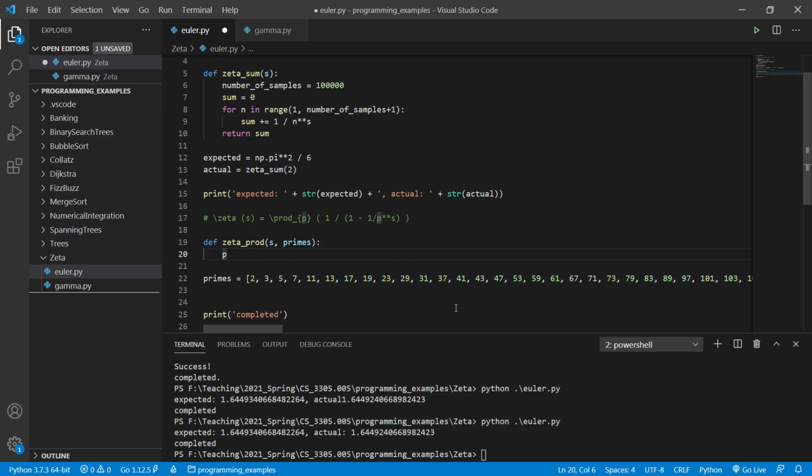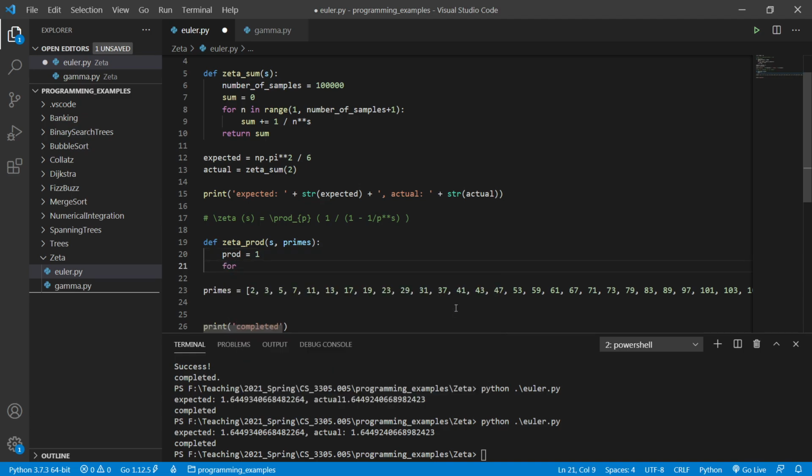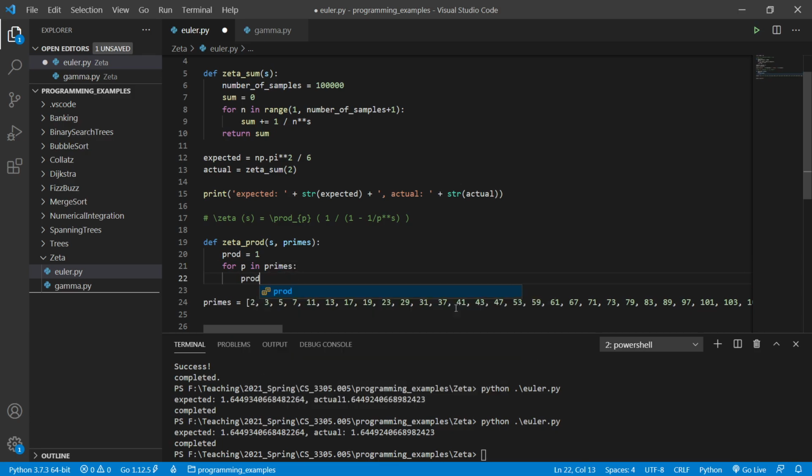We're generating them from a finitely collected assortment of primes. Right? So then the product, prod, begins with the multiplicative identity, and then we're going to loop for p in primes, and then we're going to multiply the terms, right?